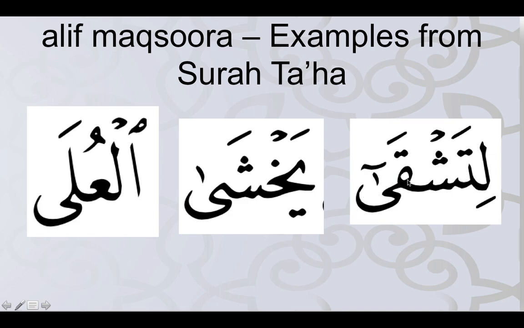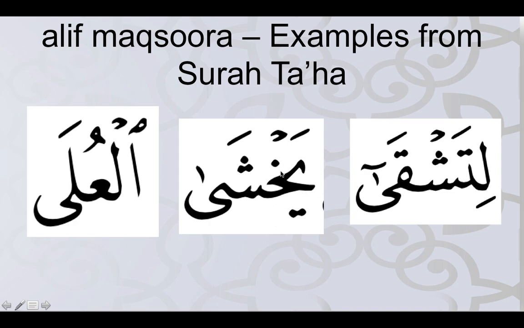And when you combine the qaf and the ya, because the ya makes the ee sound, you would think that this would be qi. But no, the word is tashqa, not qi, but qa. Because this is an Alif Maqsoora, you add the standing alif on it, and you pronounce it like an alif, not a ya. That's why it's an Alif Maqsoora.